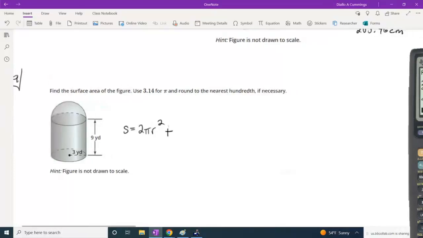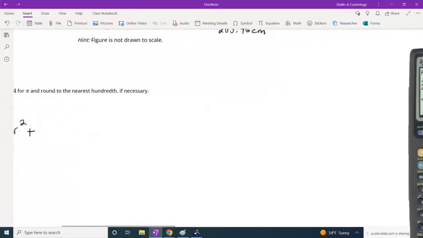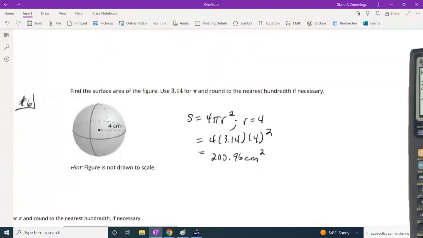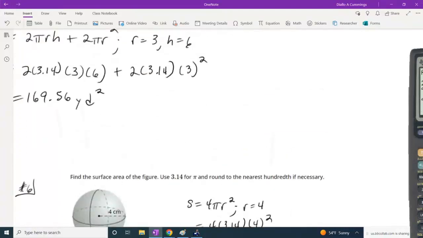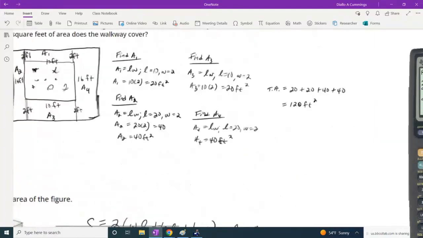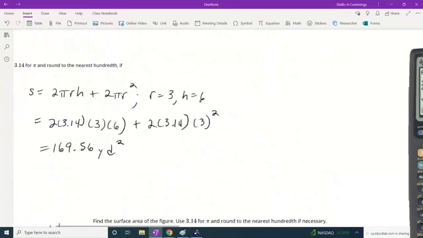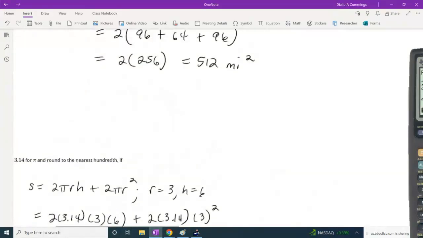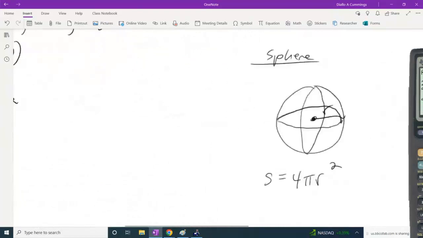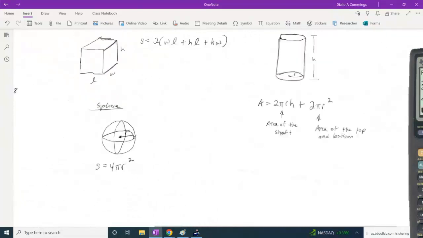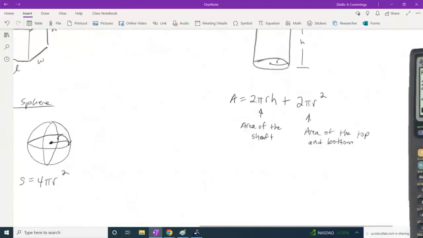Now, if I look at my formula for the surface area of a cylinder, I get 2 pi rh.